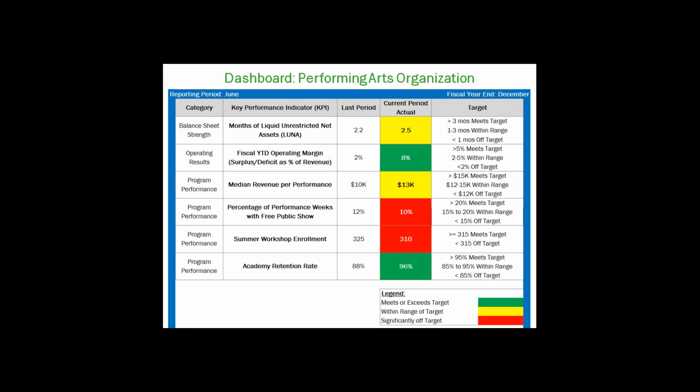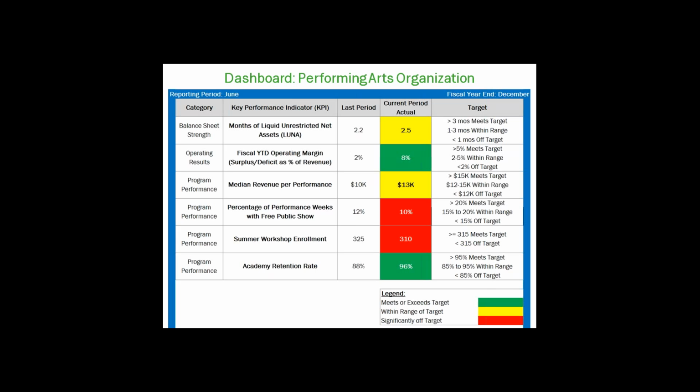So how will we determine that we're way off course or that we're within range but not there, not yet exactly? And so in the case of the program performance, greater than 315 meets the target. Less than 315 don't.